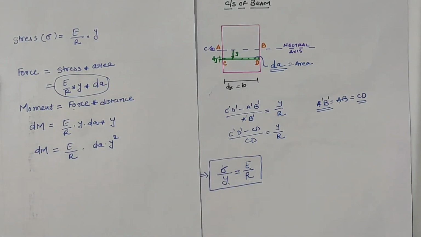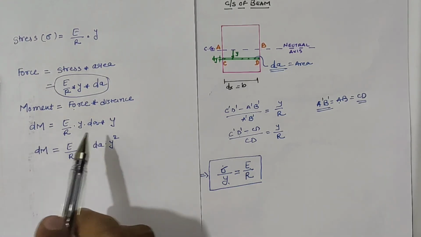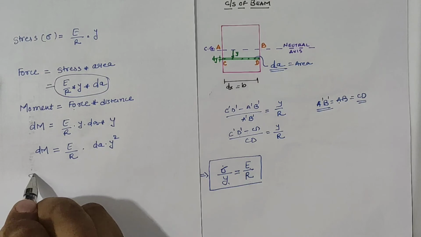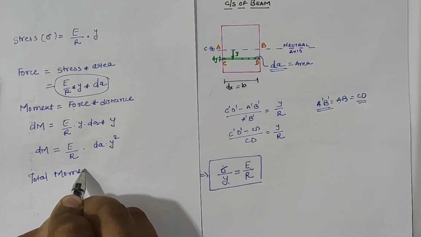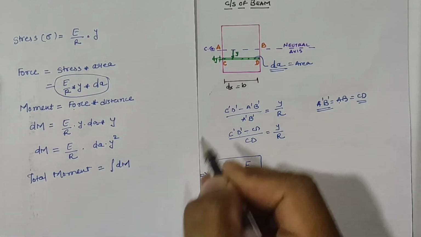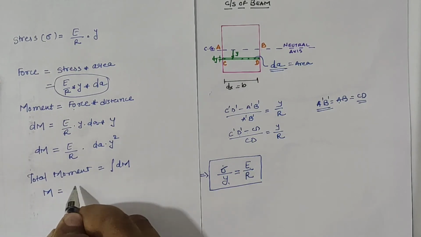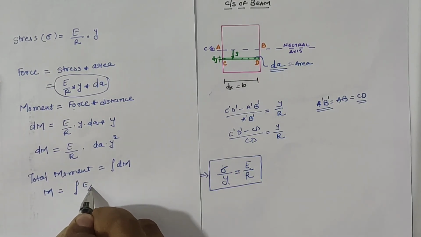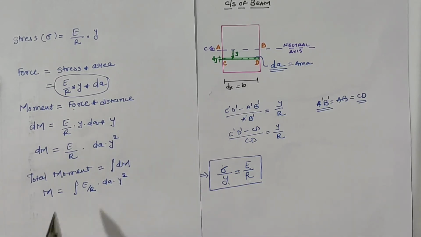If we integrate the dM value over the whole element at both sides, the total moment for the given section is the integration of dM over the whole element, hence M is equal to integration of dM, which is equal to integration of E by R into dA into y square.